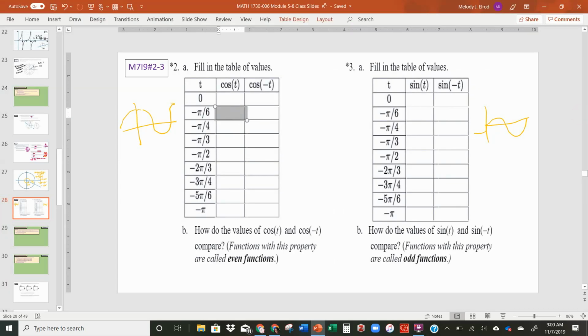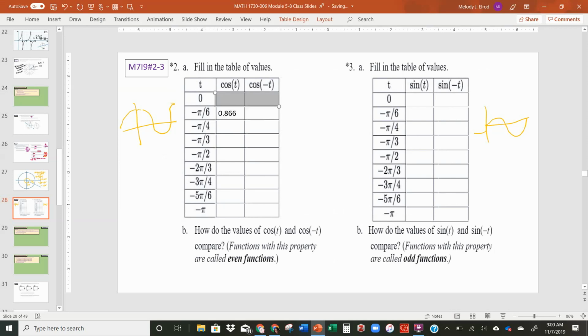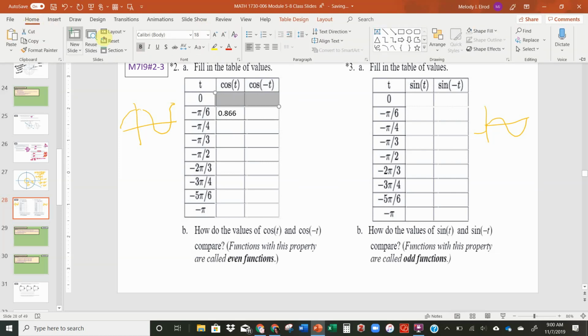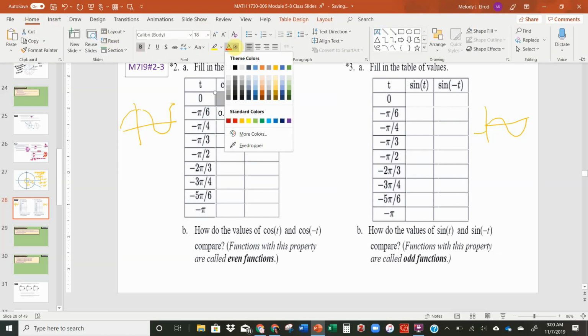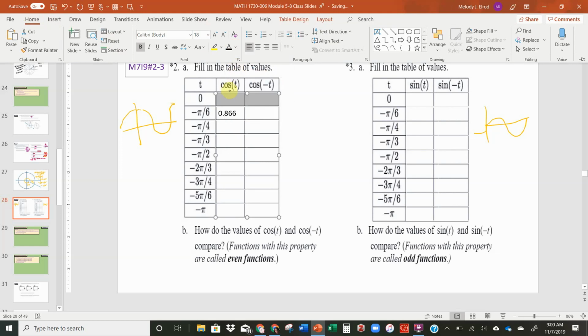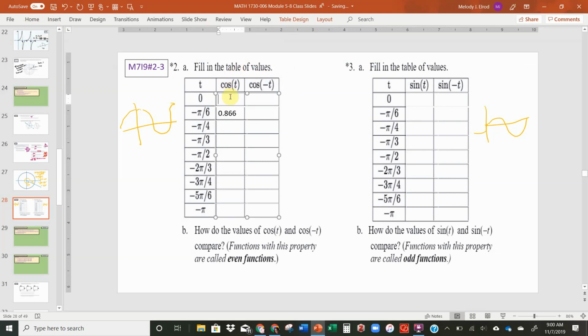If we did the cosine of negative pi over 6, we'd get this answer right here, 0.866. So let's type that in up here. Okay, the cosine of 0, we know what that is. That's 1. Anyway, the cosine of 0 is 1.